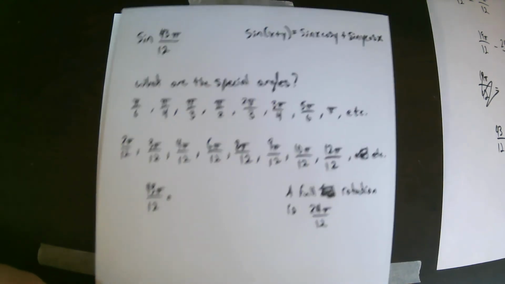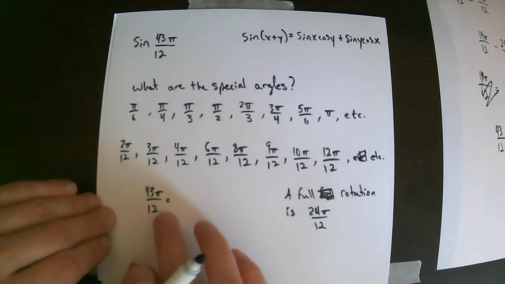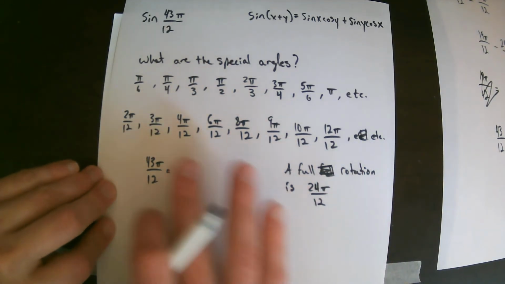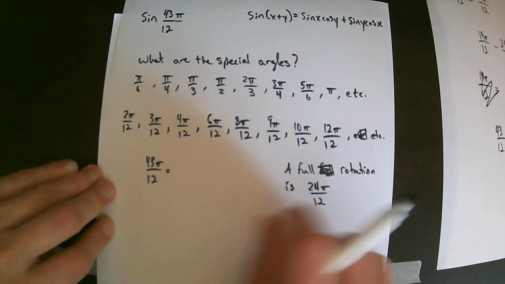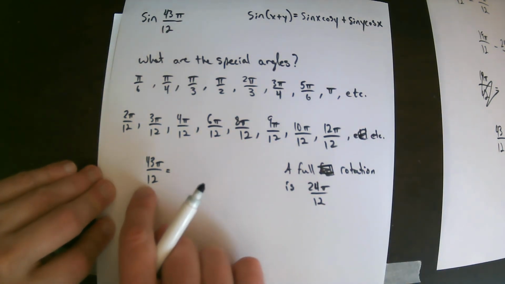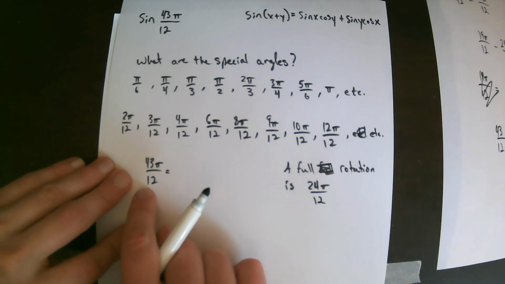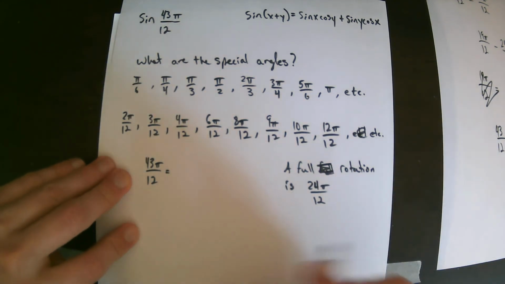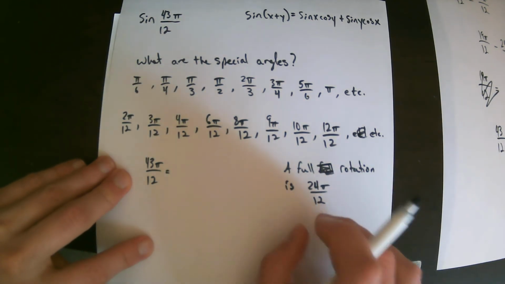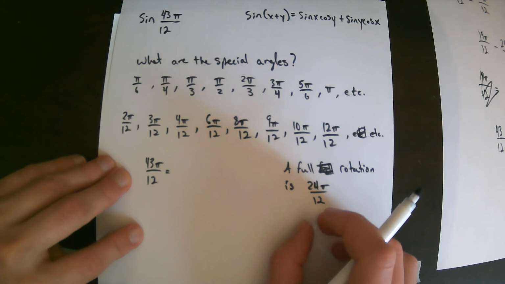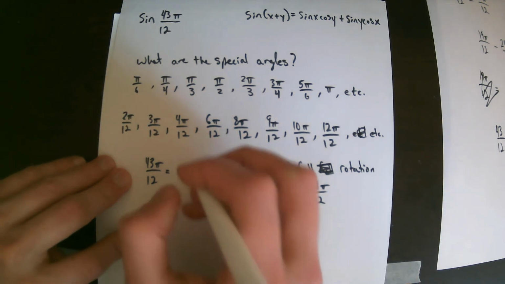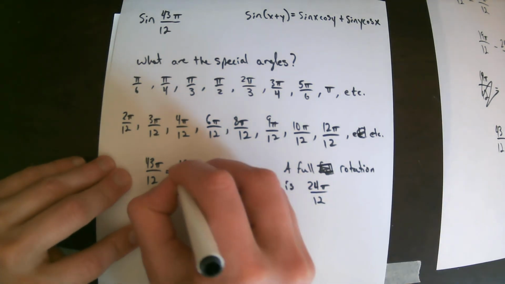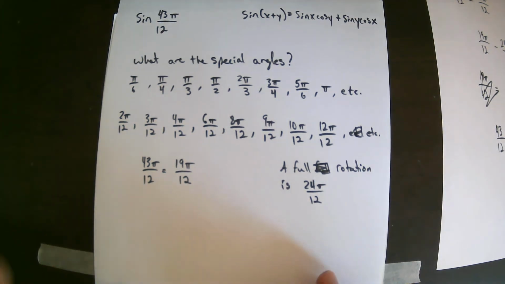So actually, without even worrying about splitting this into two angles, we can pull out a full rotation. 43 pi over 12, just pull that out and say, what is 43 minus 24? 19 pi over 12.